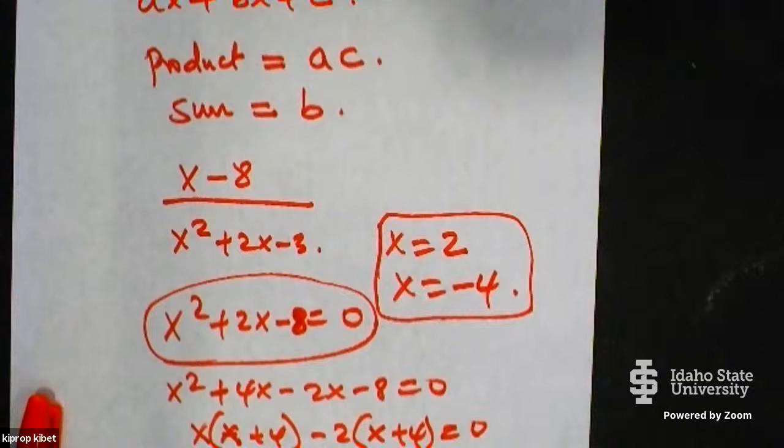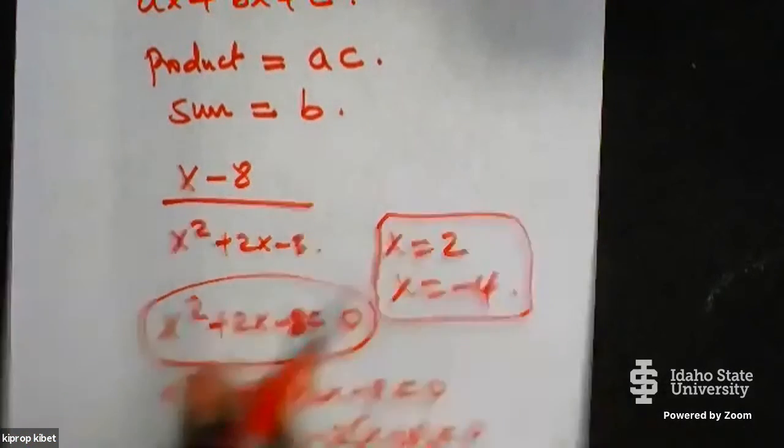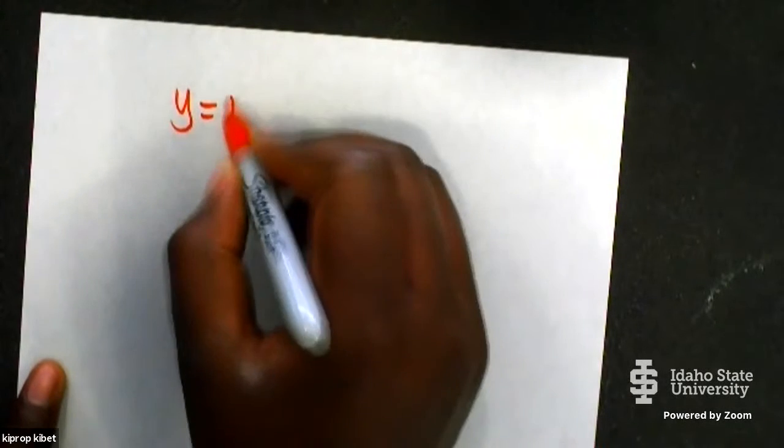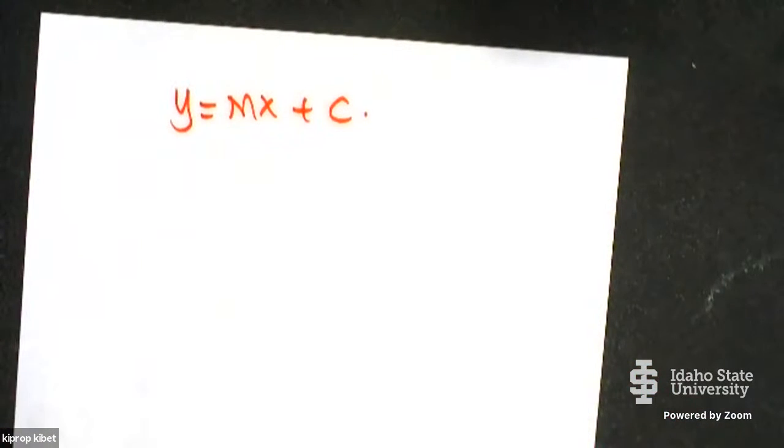All right, number 7, find the slope, the x and the y-intercept. The line is given there; write the intercepts as ordered pairs. Actually that one is simple. First of all, you need to know that the equation of a line is always y equals mx plus c.